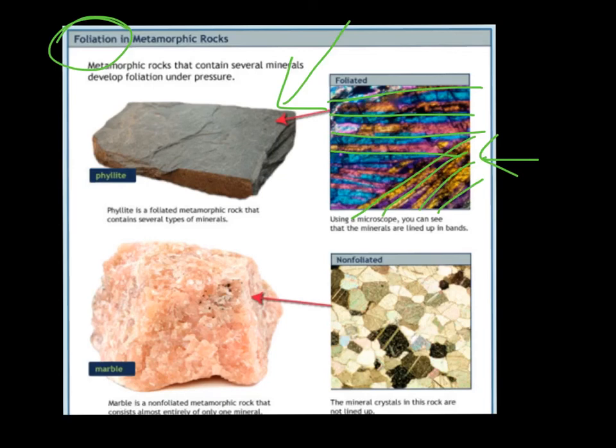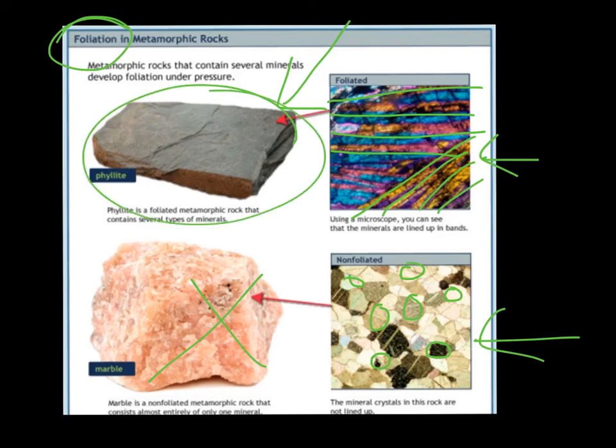It consists of almost entirely one type of mineral, and so you're going to get crystals that are going to form in bits. They're not lined up, they're not in bands, so this is a non-foliated metamorphic rock. This is a foliated metamorphic rock. And that's the end. So study hard.